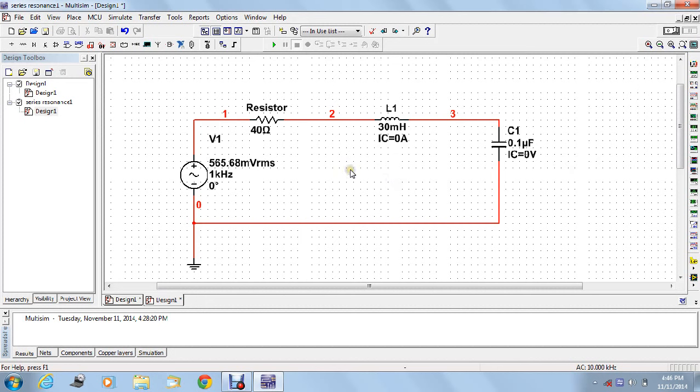Then you can understand easily what is series resonance, what is quality factor, selectivity, phase shift, or the terms which are very critical if you only learn theoretically.